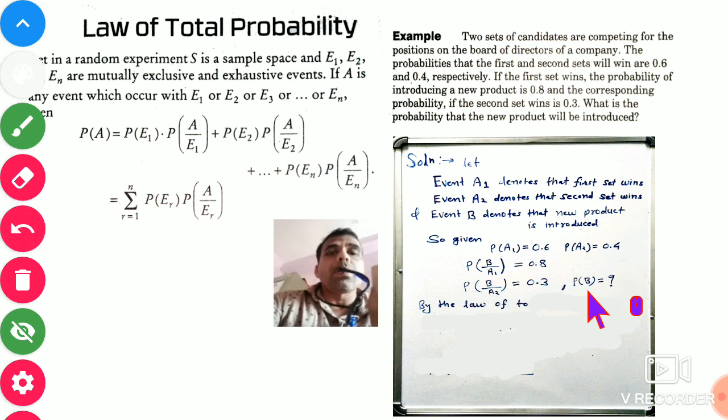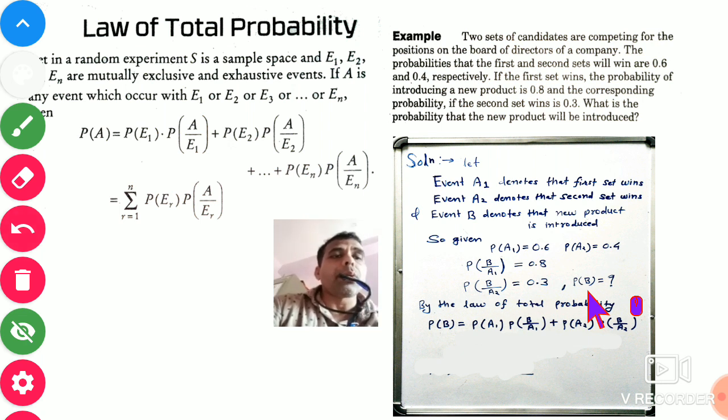By the law of total probability, the formula for P of B is P of A1 times P of B upon A1 plus P of A2 times P of B upon A2. This is the same formula we gave for total probability, and we are using it here to find the probability of the new product.